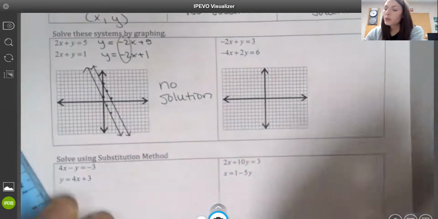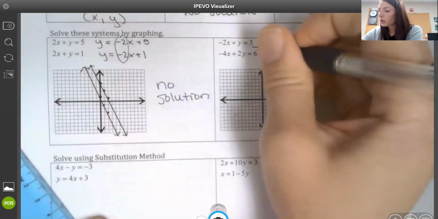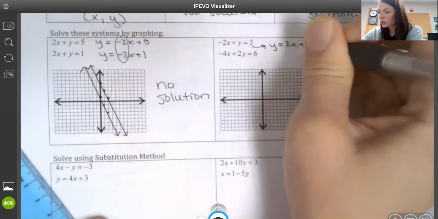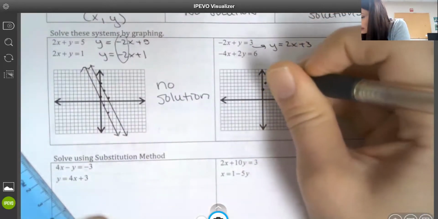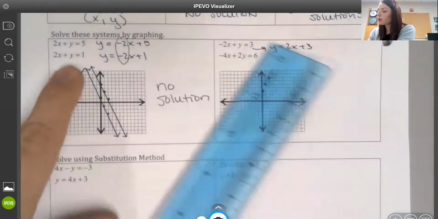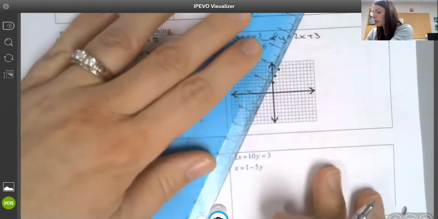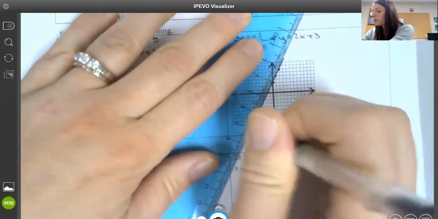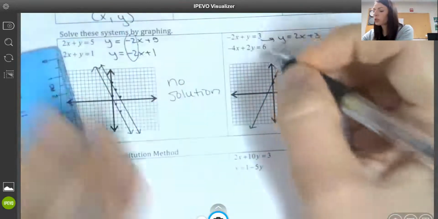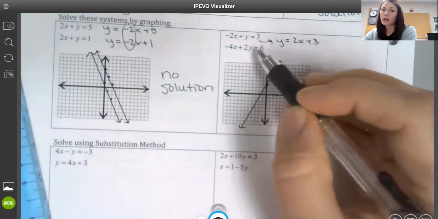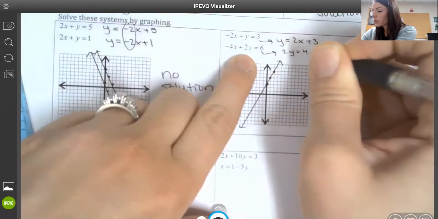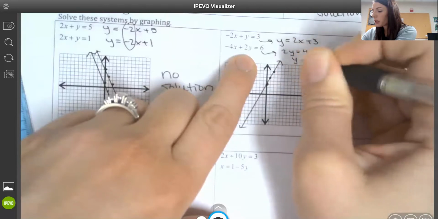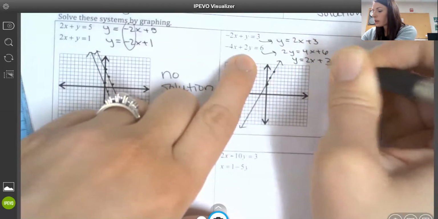What lines coincide would look like, here rewriting y equals 2x plus 3. You may not be immediately aware that its lines coincide. Here we could kind of see it at the beginning. But here, these don't look like the same line right now, right? But when I go to rewrite my other equation, 2y equals 4x plus 6, and then divide by 2, look at that.